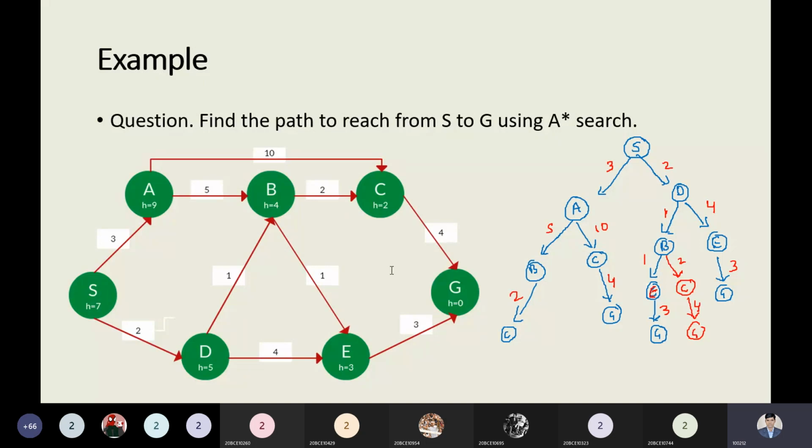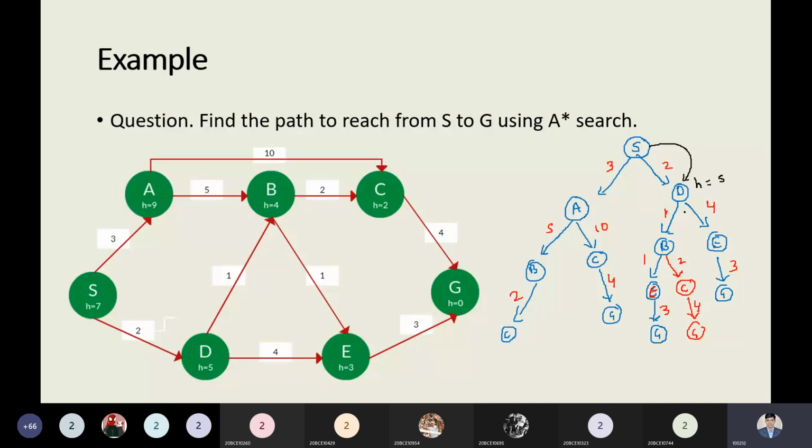Should I move to A or D? Sir, D. Why? Sir, because the cost is less and the value of H is also less. Okay, so that is a point. So I'm moving S to D. This is a good point.